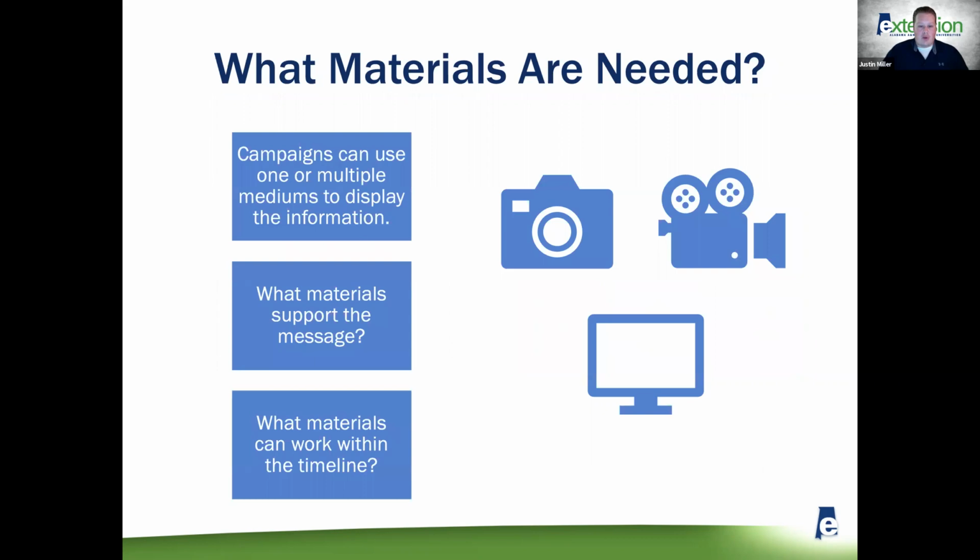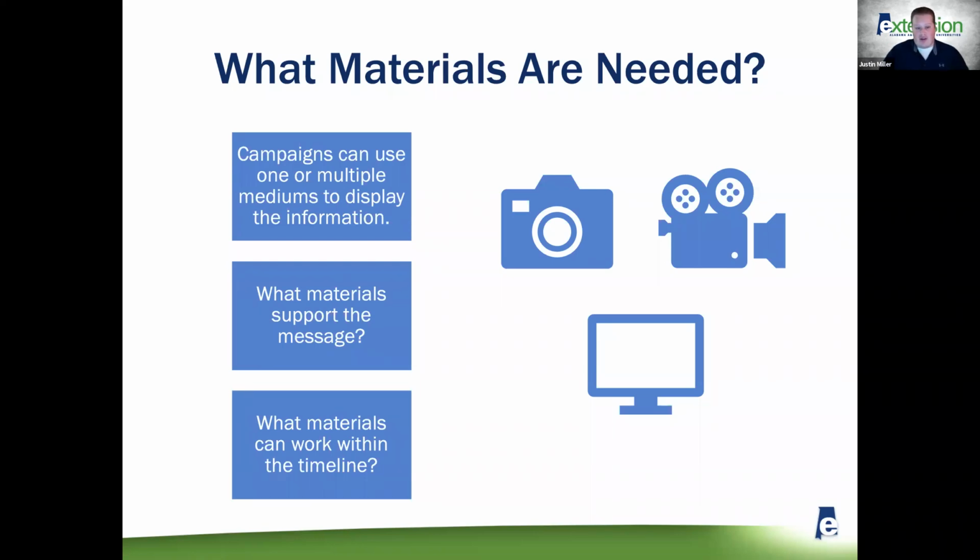The next building question is, what materials are needed? As I mentioned earlier, campaigns can use one or multiple different materials and mediums to display their information. And you really need to ask yourself to determine which materials you need. First of all, what materials support the message the best? Is it a video?